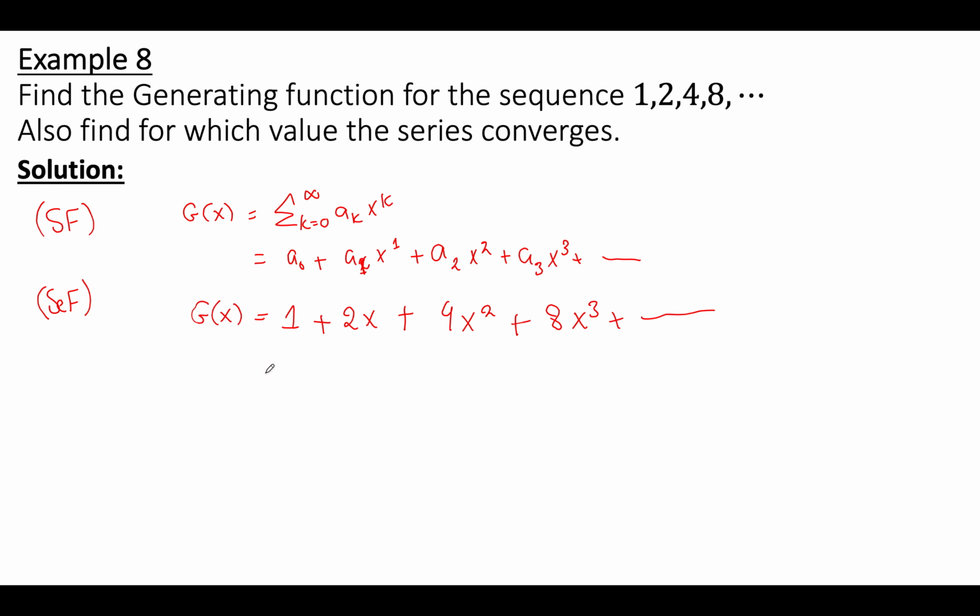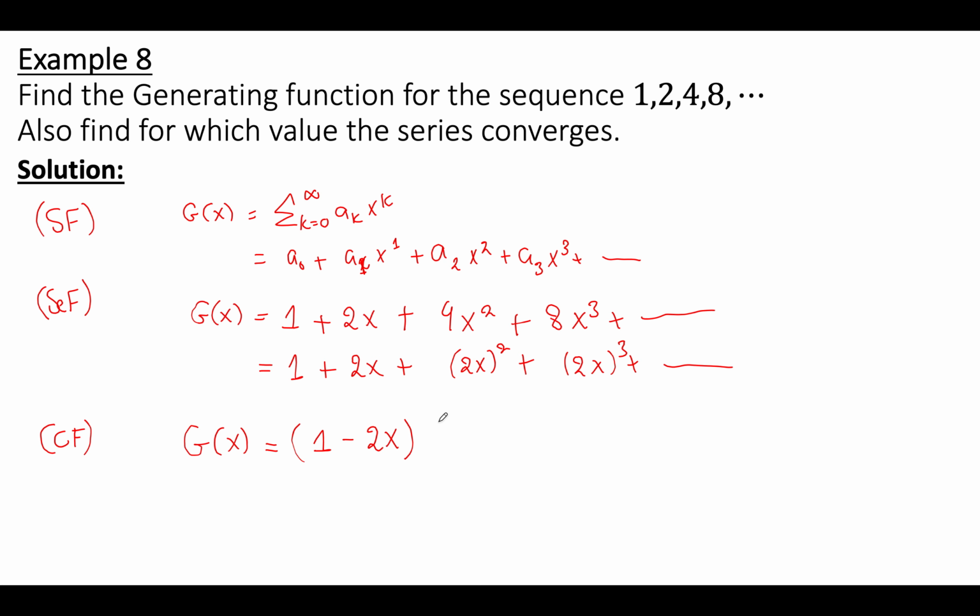So what we can do is convert the series form to 1 plus 2x plus 2x to the power 2 plus 2x to the power 3 and so on. So from here we can find the closed form as g of x is equal to 1 minus 2x to the power minus 1, which equals 1 over 1 minus 2x.